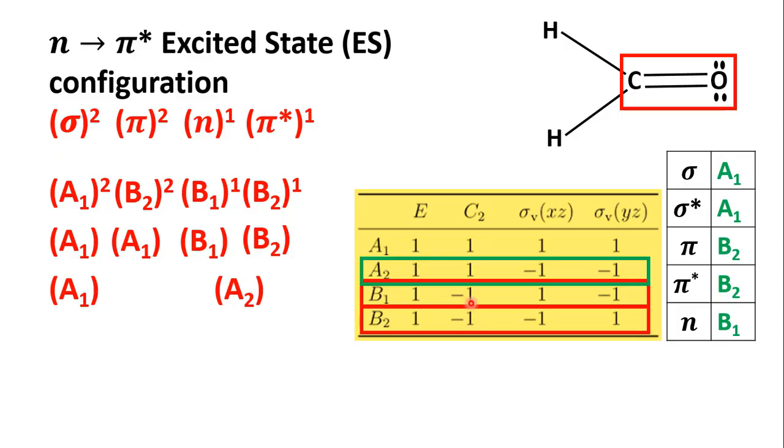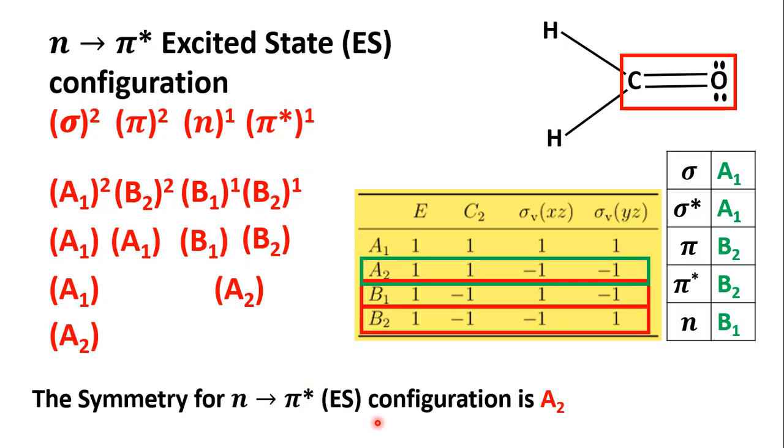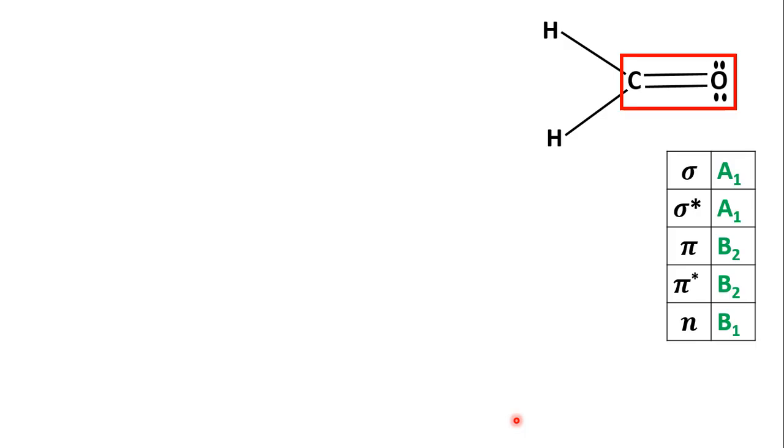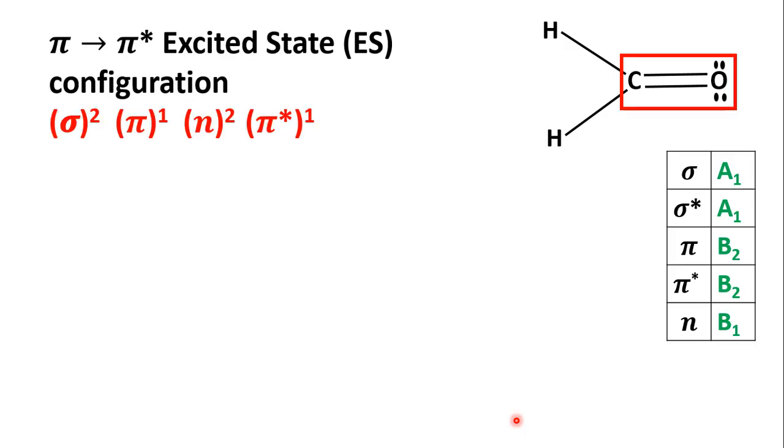Minus 1 into minus 1 is plus 1. Minus 1 into 1 is minus 1. And 1 into minus 1 is minus 1. So, the product of B1 and B2 is nothing but A2. That is the symmetry of the n to pi star excited configuration.